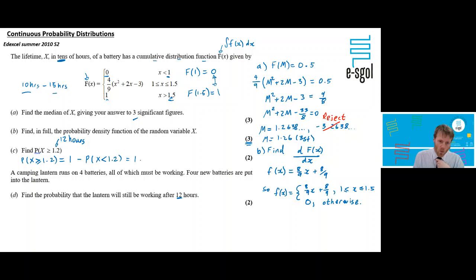So here we're doing 1 minus f of 1.2. This is the cumulative distribution function. It allows you to work out the probability up to a certain point, not above a certain point. If you do this, you get 0.6267.